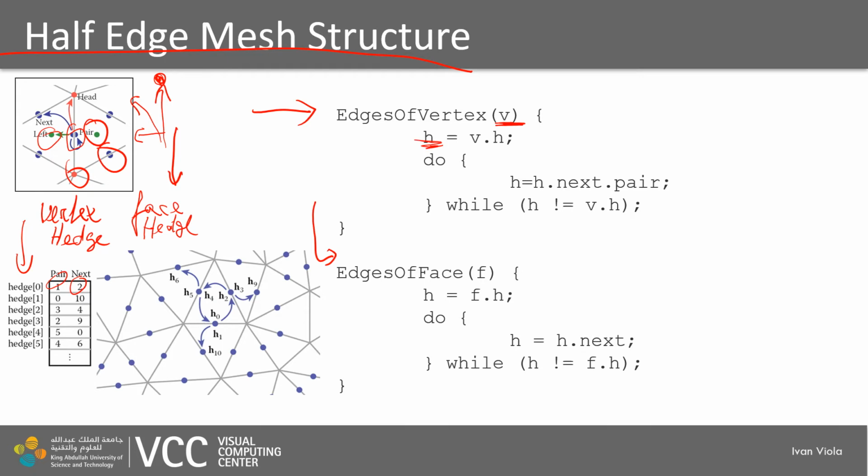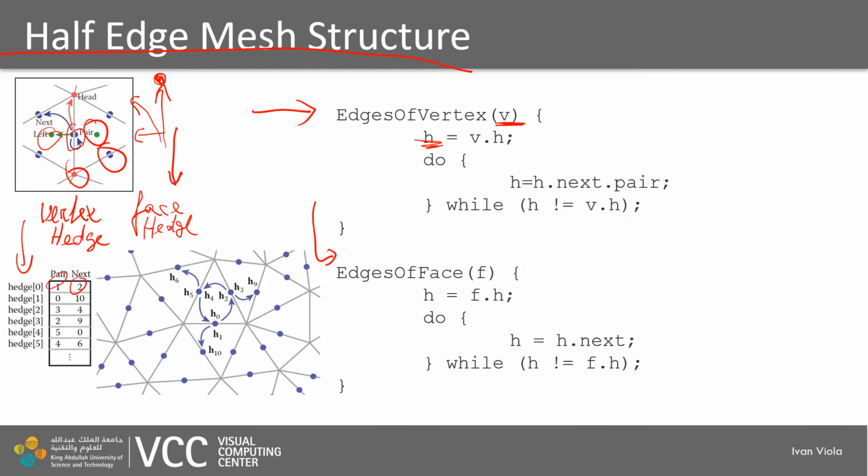With this half edge, we store it in the h variable here, and then we know this is one of its edges, and we need to find all the other edges.